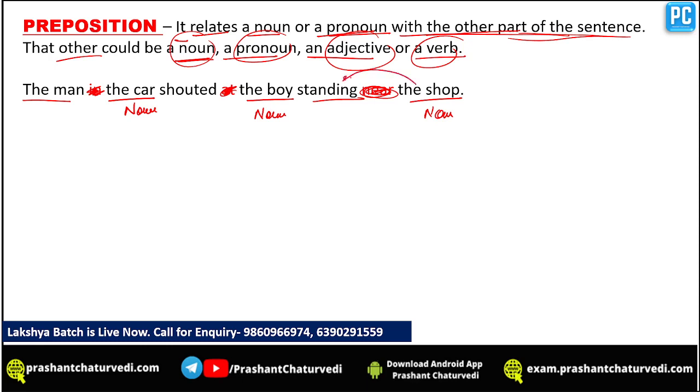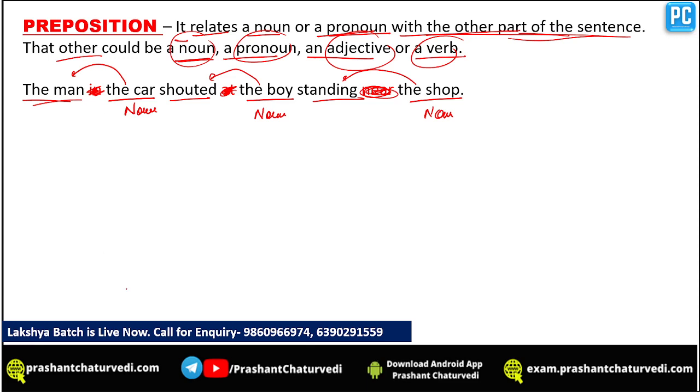The shop is not related with standing, the boy is not related to shouted, and the car is not related to the man. So if we want to make some connection in these words so that they can convey a meaning, we have to use a preposition between these two words.